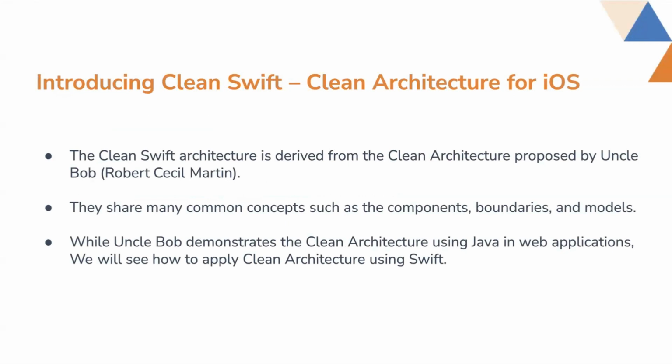We all know Uncle Bob is renowned for the SOLID principles. His name is Robert Martin. We share many common concepts such as components, boundaries, and models. While Uncle Bob demonstrates clean architecture in Java and web applications, we'll see how to apply it using Swift.